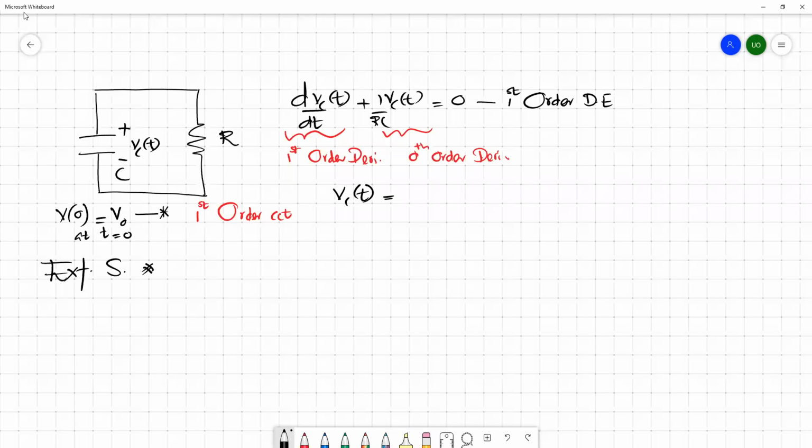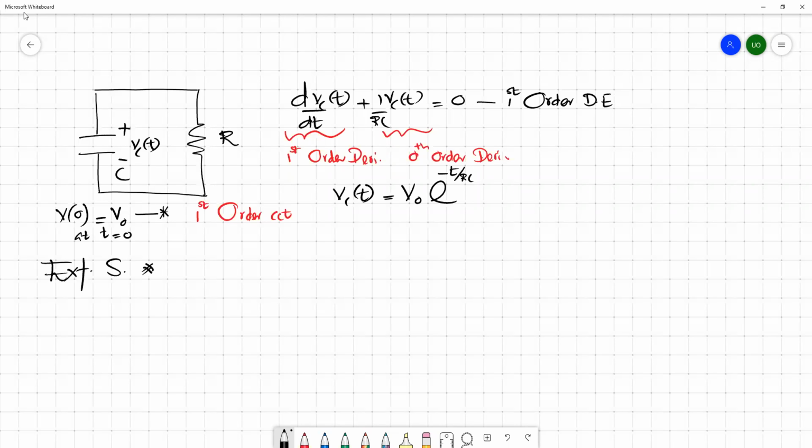So here we found that we can express the voltage across the capacitor as V naught e to the power minus t over RC. This is the mathematical expression for the voltage across the capacitor.